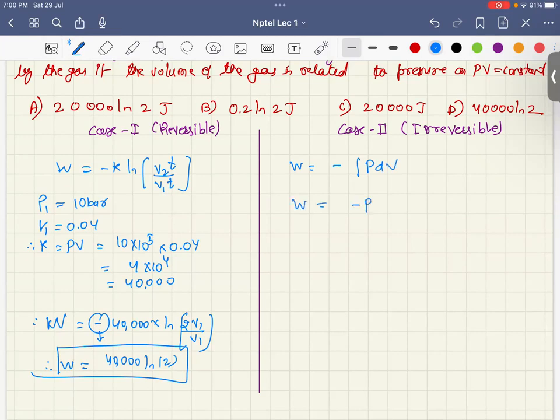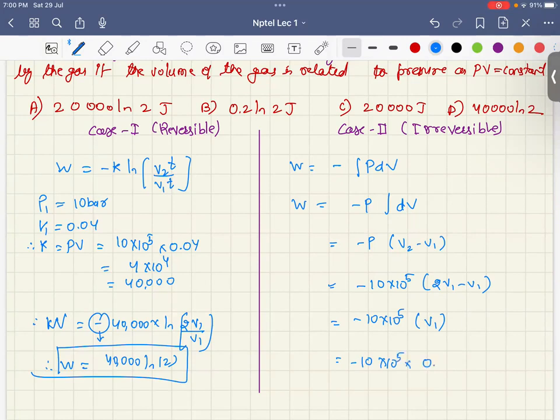As the pressure is suddenly reduced, it is minus P (V2 minus V1), which is minus 10 raised to power 5 multiplied by (2V1 minus V1), which is minus 10 raised to power 5 multiplied by V1, which is 0.04. Therefore, work done is going to be 40,000. The correct answer is 40,000.